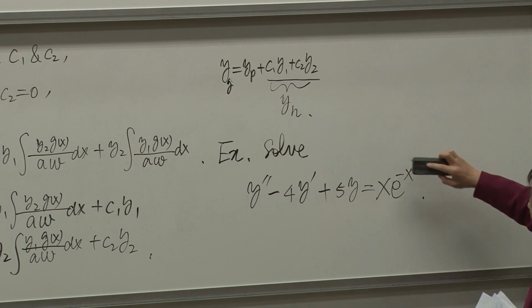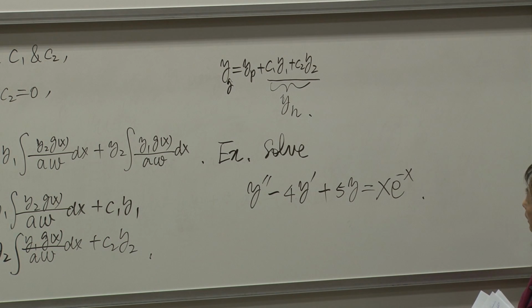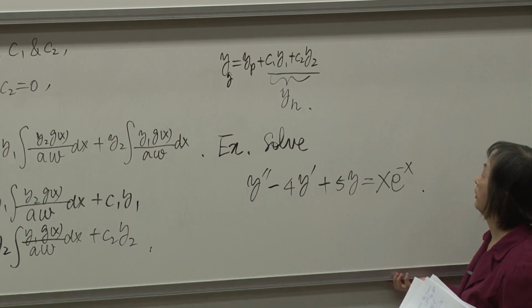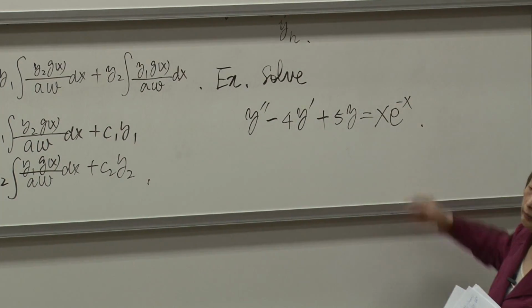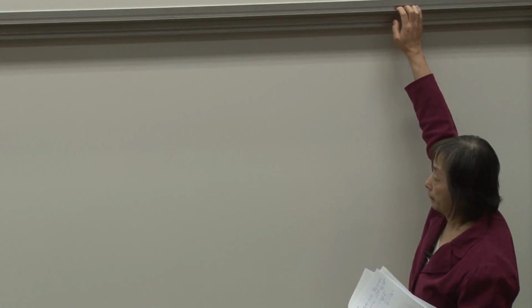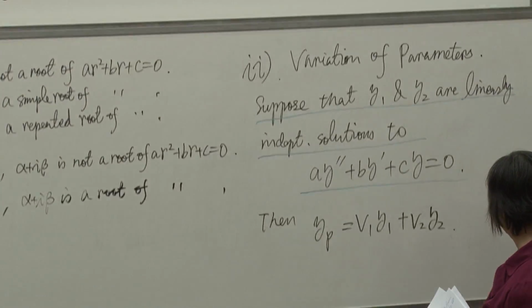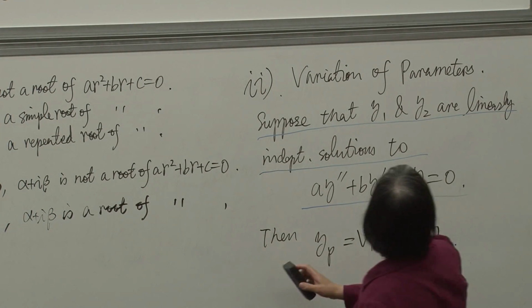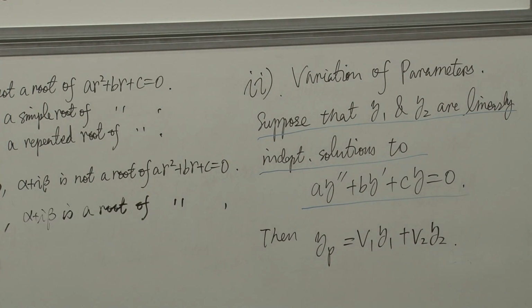Oh, sorry, negative 5 plus 1. Right, x times e to negative x.